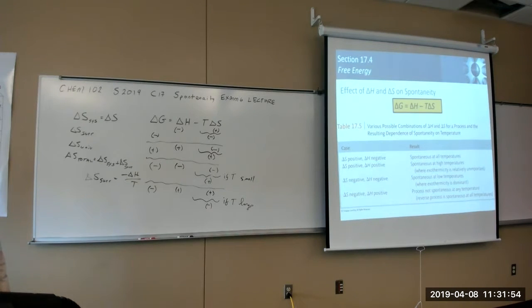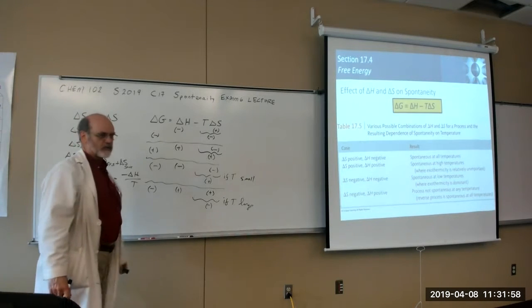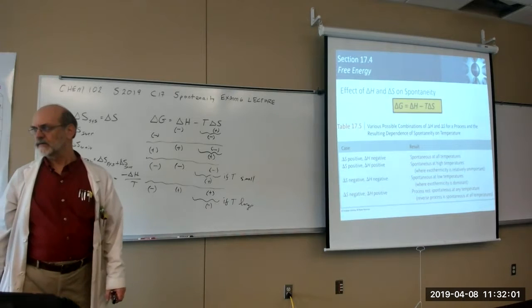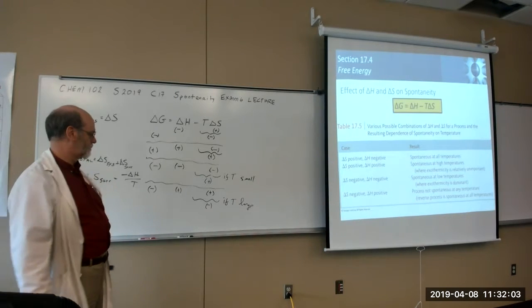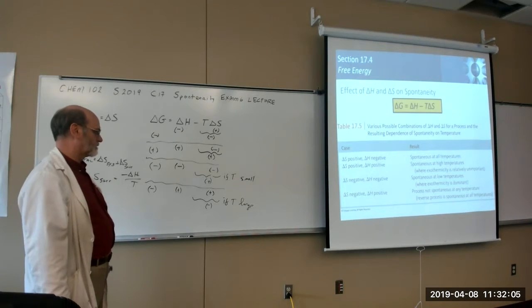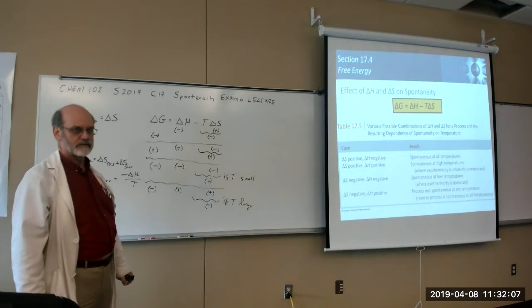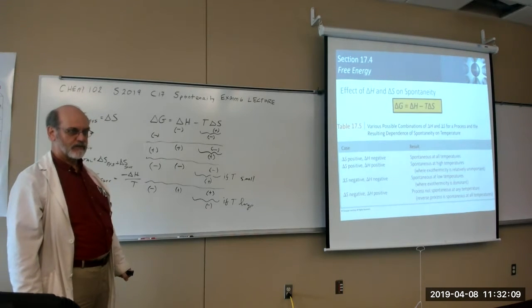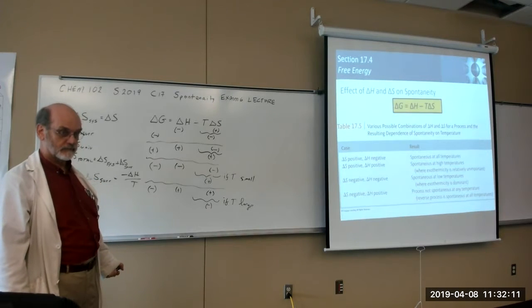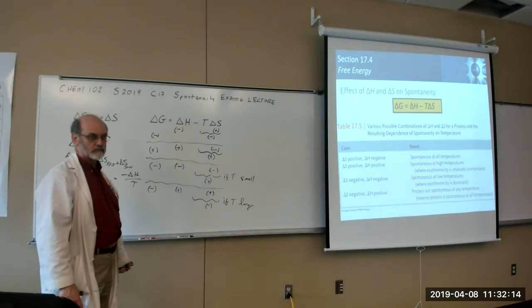Well, what's considered a high temperature for these kinds of things? 400 or 500 degrees centigrade. Low temperature would be like negative 100. Because this is relative to absolute. But we're doing everything in Kelvin.